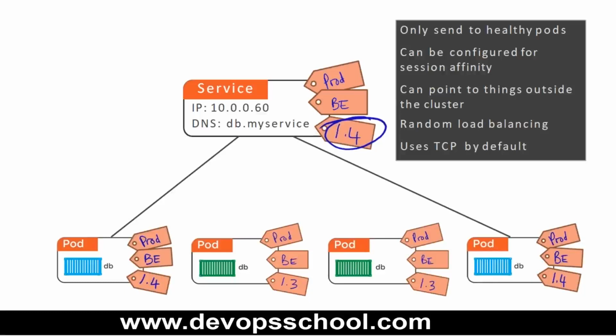Means service can be created for accessing the service within a cluster itself, or it can be created for external communication also. The algorithm which works for this service is random load balancing, and it uses TCP by default. TCP means IP address and port.